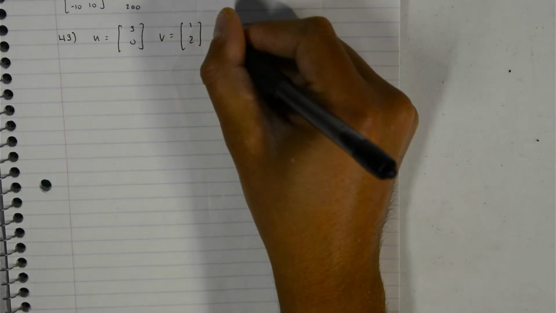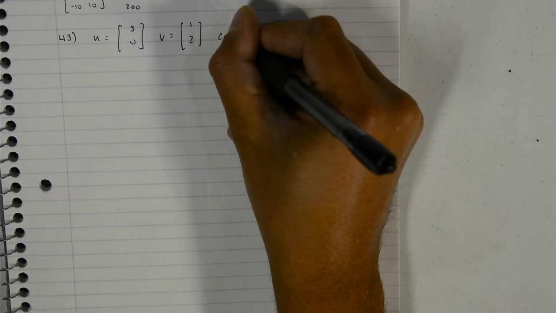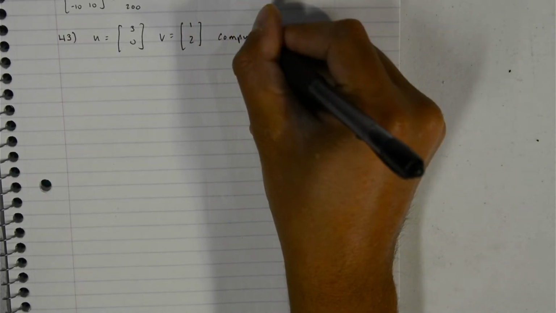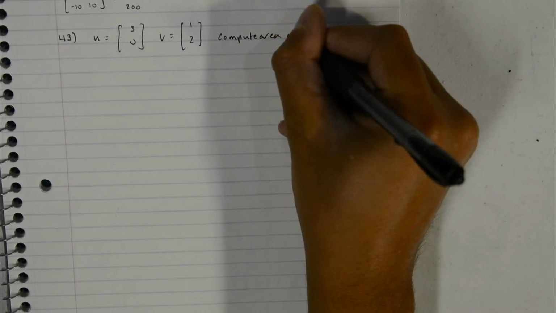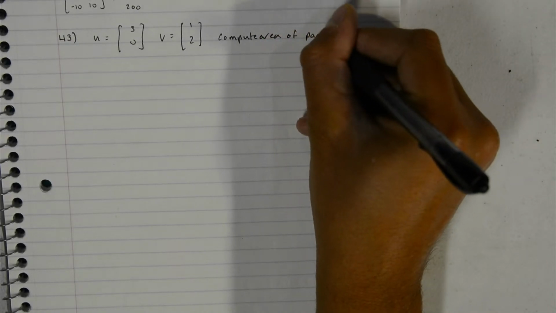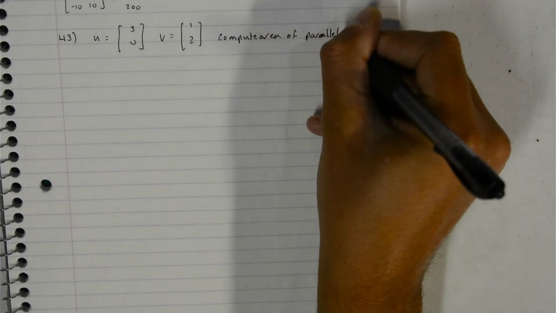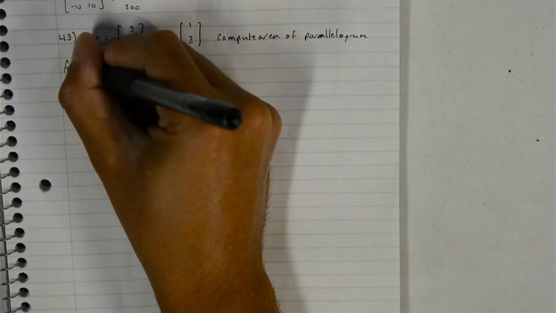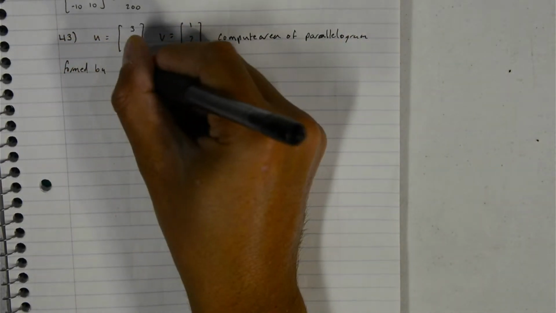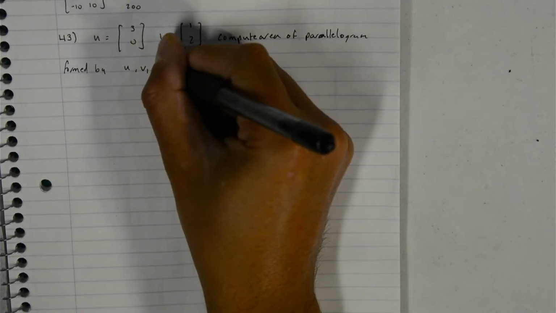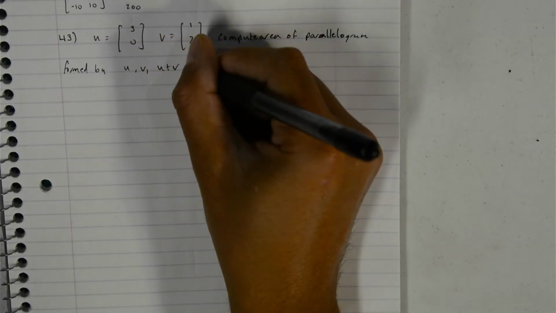We want to compute the area of the parallelogram formed by U, V, U plus V, and 0.